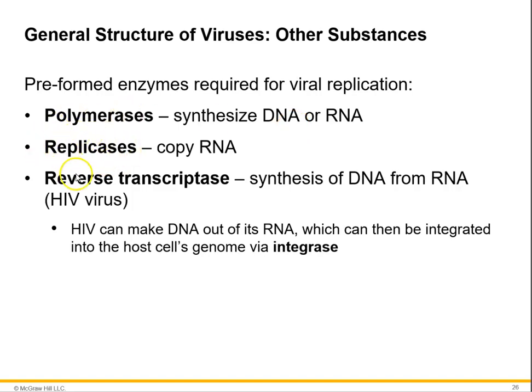Replicases copy RNA, and then we talked a little bit about reverse transcriptase. Remember, this synthesizes DNA from RNA, and we see this in the HIV virus. HIV can make DNA out of its RNA, and then it uses an enzyme called integrase to take that DNA and insert it into the host cell's genome.